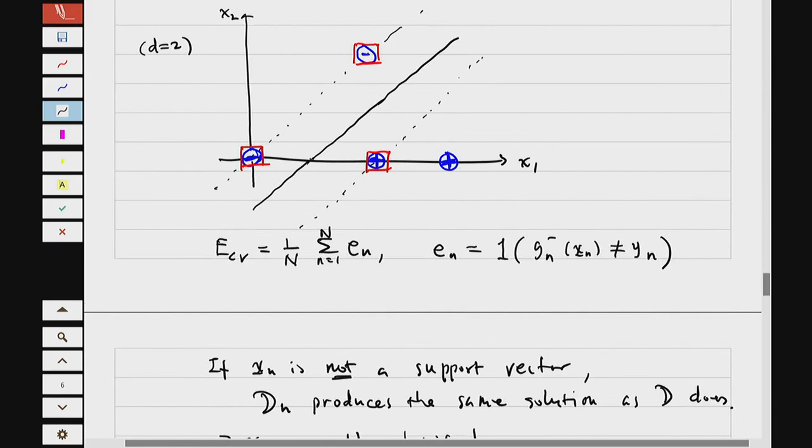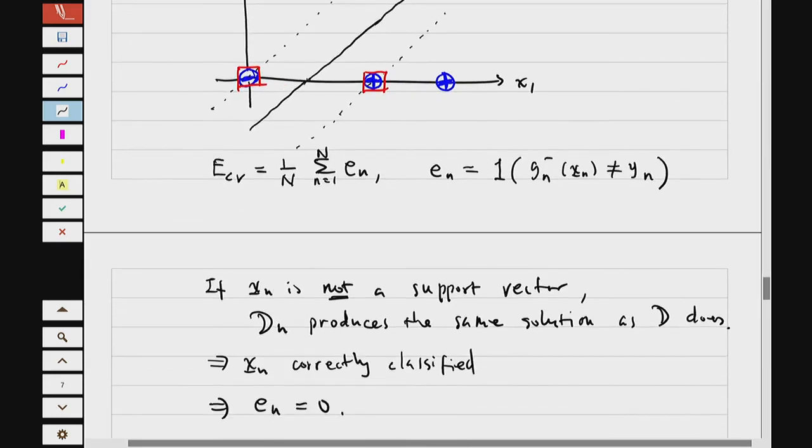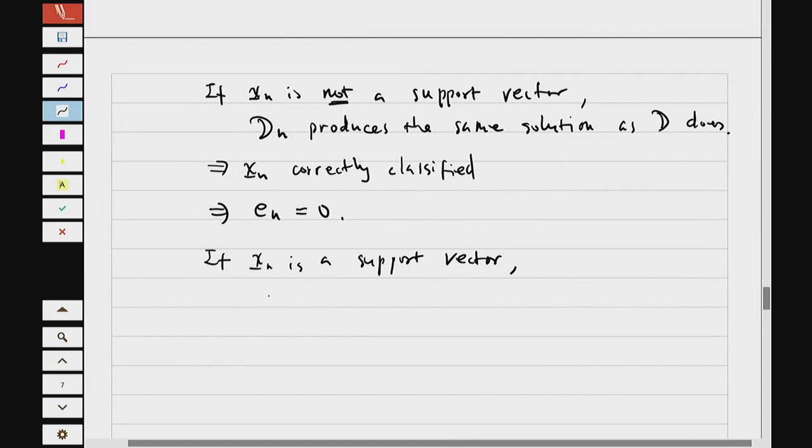Take out one of those red dots. Of course, your solution will be changed when you retrain using the remaining data points. Yeah? So Dn can be different. In fact, only in some extreme cases it does not. Usually it does. Yeah? It can produce a different solution.